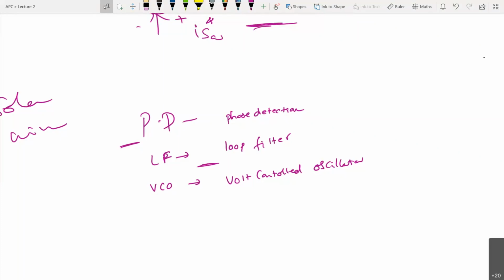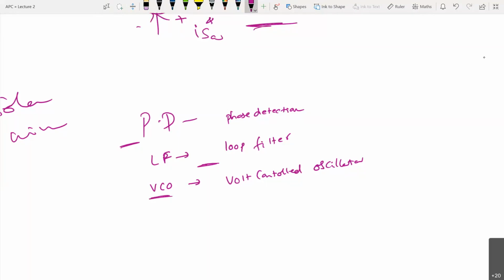The voltage controlled oscillator gives you a signal based on a voltage input. It looks like a sensor kind of thing. If you give some voltage signal, corresponding to that voltage it will generate the frequency or phase angle component. You might have studied this in your BTech, with the different circuits.